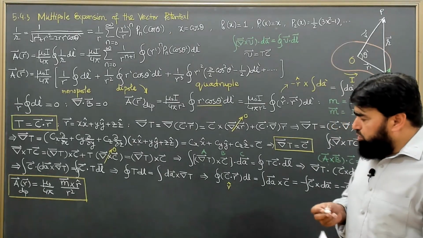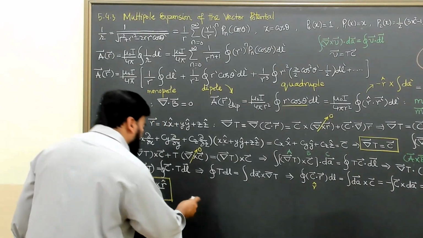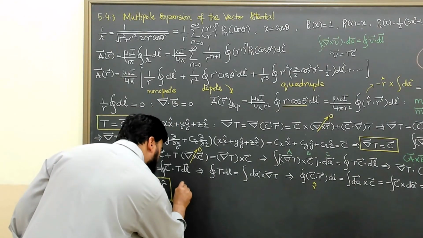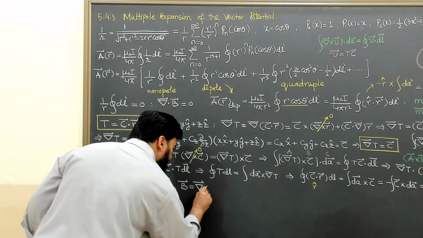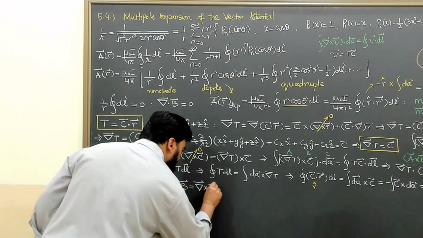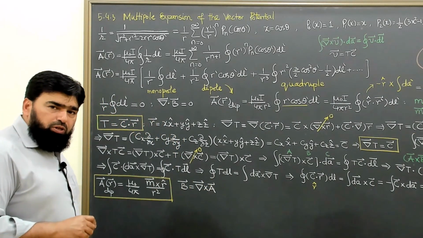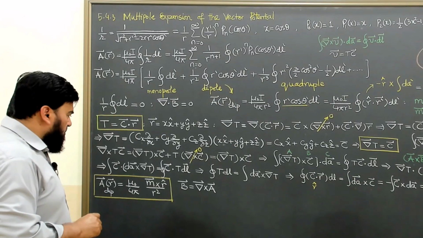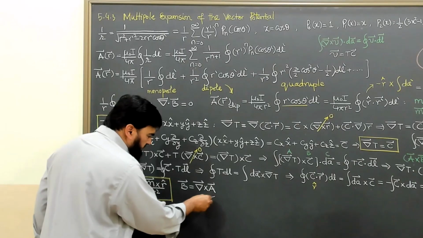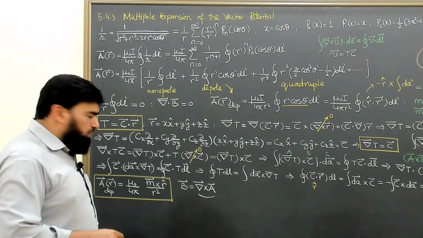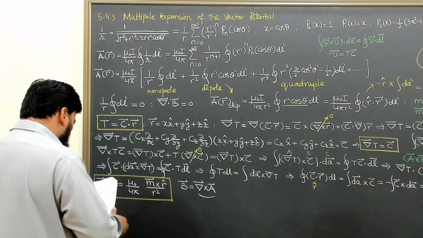Now we want to check whether we will be able to get the magnetic field from the relation del cross A. The curl will specifically be in spherical polar coordinates, because here we have m cross r.